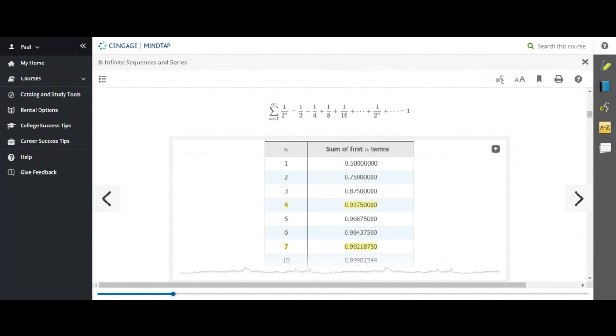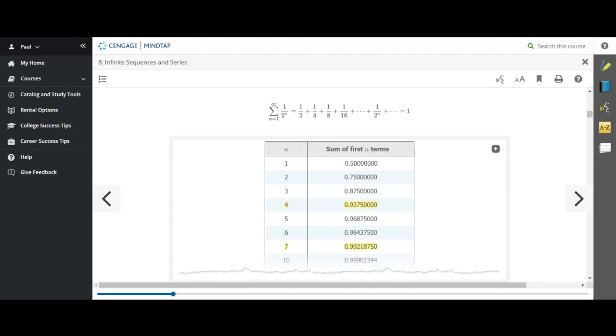The second partial sum, when n is 2, is a half plus a fourth, that's 0.75. The third is a half, a fourth, and an eighth, that's 0.875. You keep adding these terms, and the seventh partial sum is 0.9921875. That's adding the first 7 terms of that series.